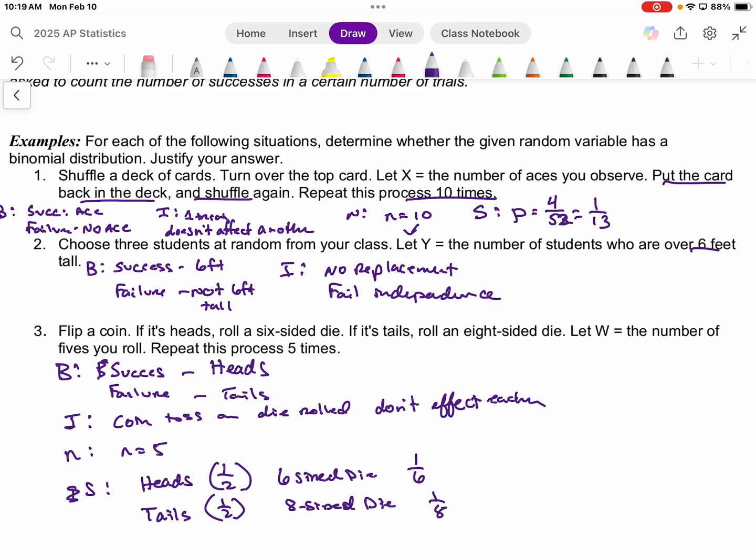Now that's a 1 in 8 chance. If our event was rolling a 5, I have 2 opportunities of rolling a 5. It's either a heads and I roll a 6-sided die, or a tails and I roll an 8-sided die. I can get a 5 on either one, but the problem is the die probability is not the same in each of those situations. And so that's where we would fail for the success part.